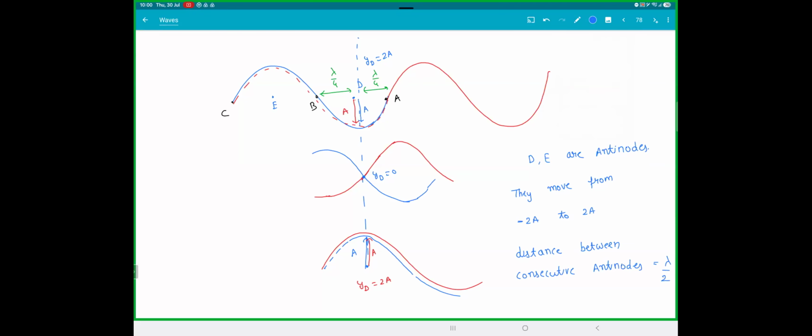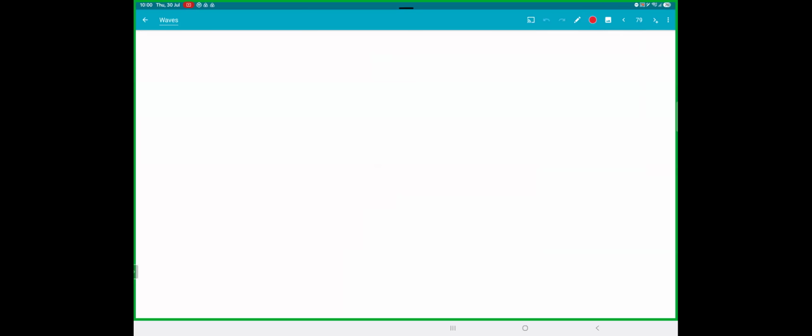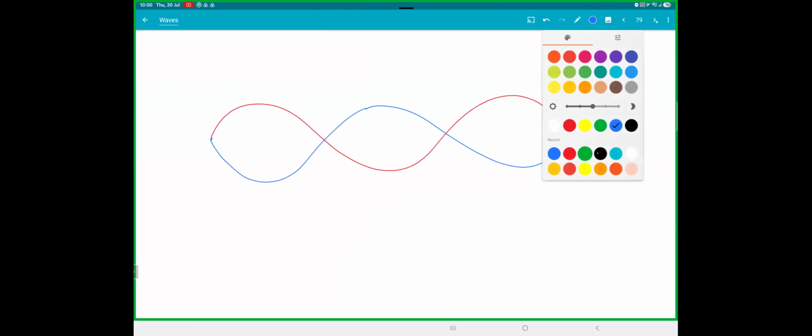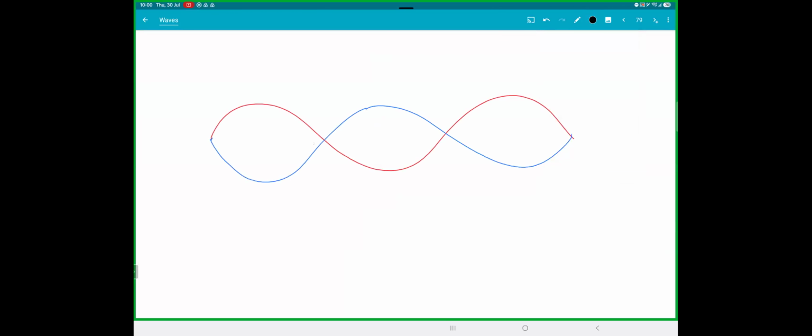Now, if I combine the whole stuff, it would look something of this sort. So there are points like this. Let's say this guy is A, this guy was B, and this guy was C. This guy was D, and this guy was E, and this guy was F. The length of this thing is lambda by 2.